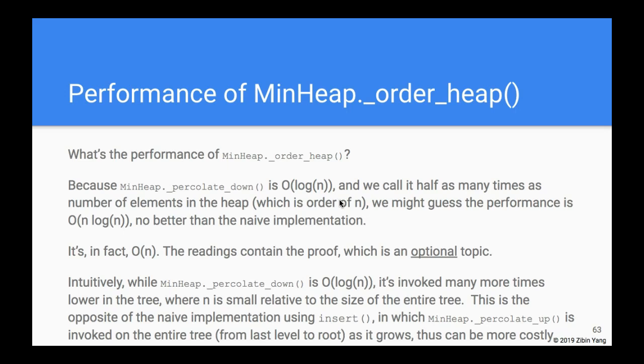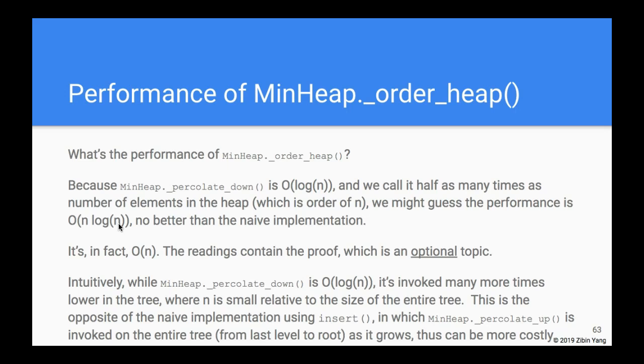So 1/2 of n is, in the world of big O, basically just O of n. When you put these together, you would expect the performance to be O of n log n.